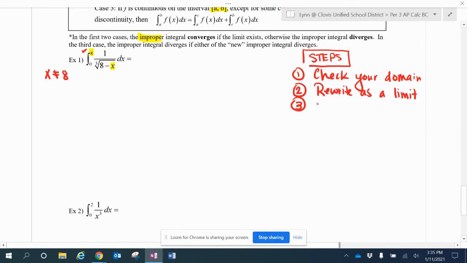We're going to rewrite as a limit, and then solve the integral and evaluate. So we'll find that integral, whatever that happens to be, and evaluate. So really the same steps as the front side, it's just this one that we have that added piece we have to take into account.